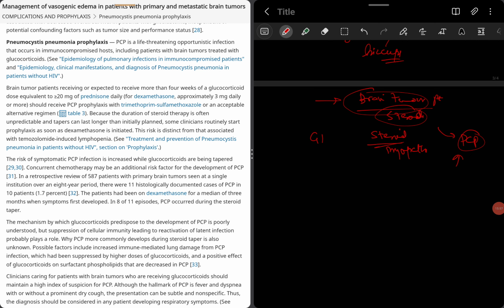When a patient with a brain tumor is receiving or is expected to receive more than 4 weeks of glucocorticoid treatment with a dose equivalent to greater than or equal to 20 mg prednisone or greater than or equal to 3 mg OD of DEXA, then the patient needs to be put on PCP prophylaxis with trimethoprim-sulfamethoxazole.